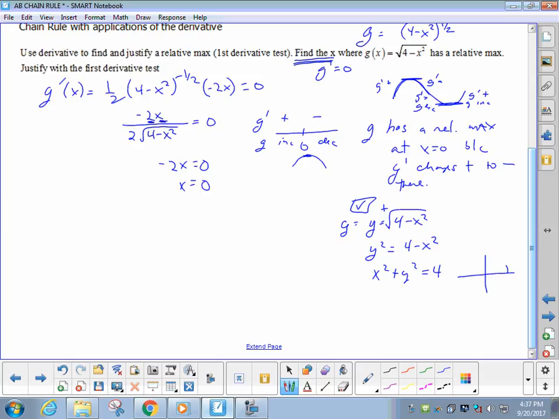So if the top half of a circle centered at the origin with a radius of 2 is graphed, would it make sense that we have a max at x equals 0? And yeah. And it makes sense that the derivative is positive before and negative after. So all that's logical, and the chain rule helped us get there with the derivative.